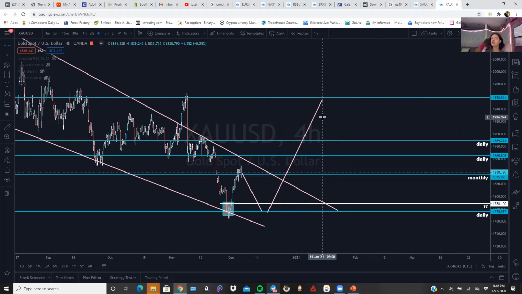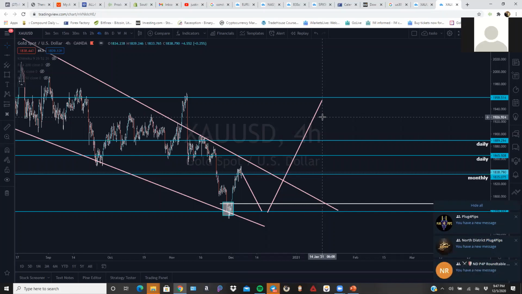If you put a 0.01 on it, how many pips would you make? I mean, how much money would you make? 0.01 on 1,800 pips.